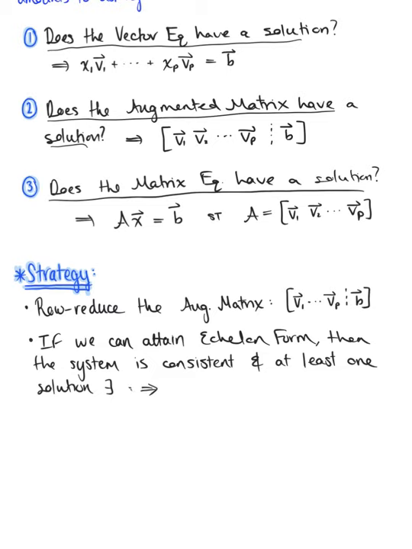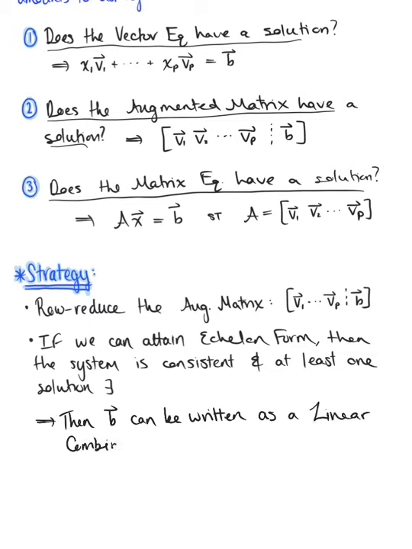So what is this telling us? This is telling us that then yes, vector b can be written as a linear combination of the columns of the matrix, or simply a linear combination of the vectors v sub 1 through v sub p.